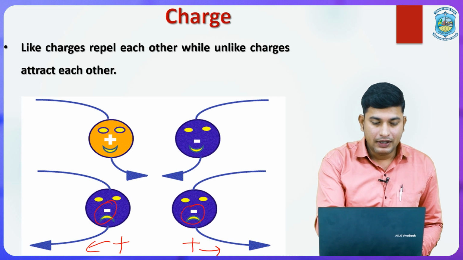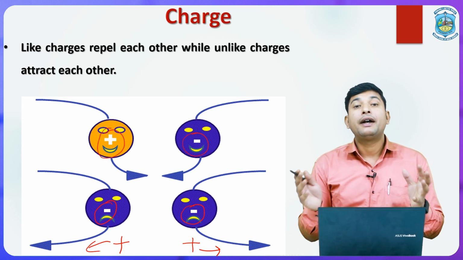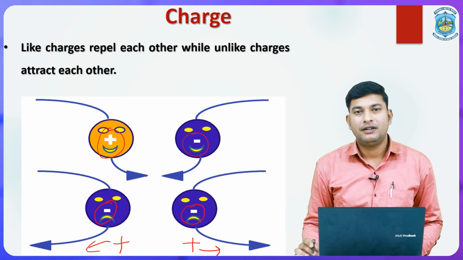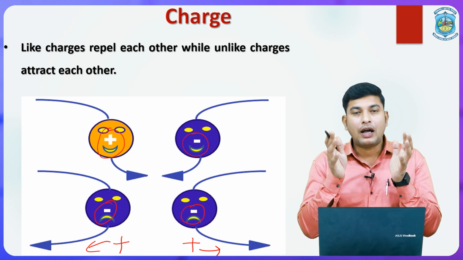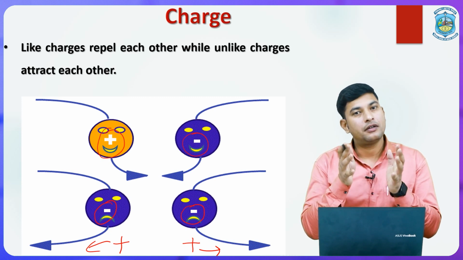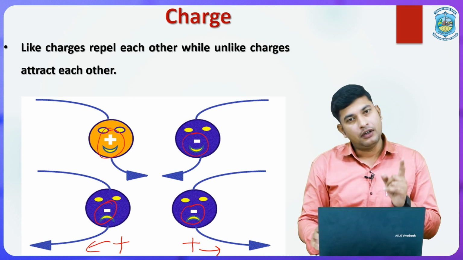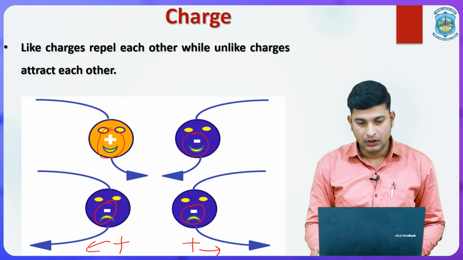But once we have opposite charges, like positive and negative, they will attract each other. Means the opposite or unlike charges will attract each other and the same charges will repel each other. Remember, the magnitude will be the same for all.